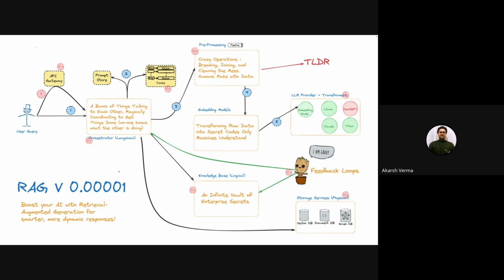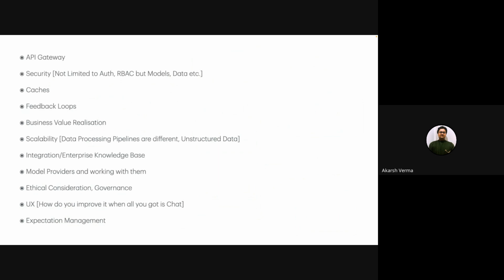If they have more transactional systems, they would have that API gateway, but that's missing here, and that's just an example.